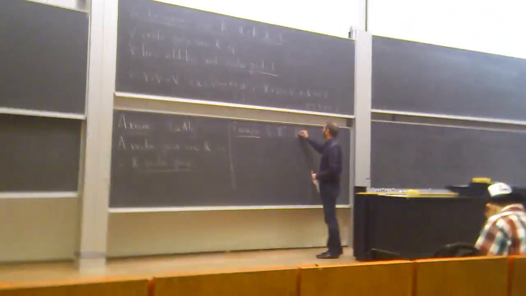Maybe one of the best known and best understood examples of a real, an R vector space, is R to the n.